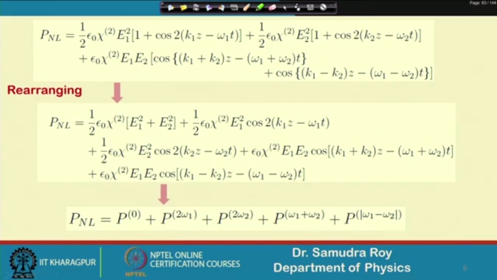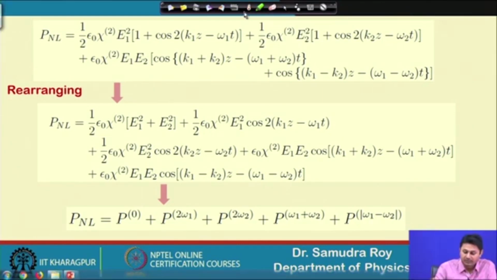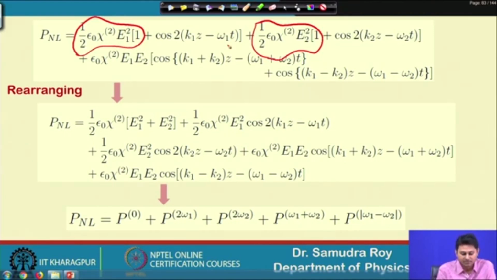Okay. So, now we have already figured out all these terms, and now I am rearranging. So, this is the previous term which we have already mentioned. Rearranging means nothing but I just take this constant term, the frequency independent term, and add them up.